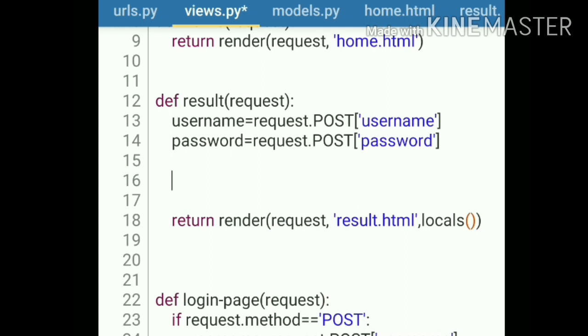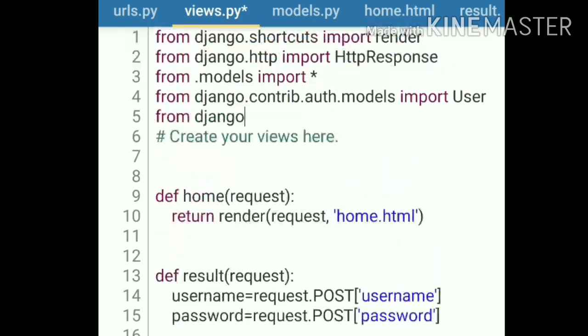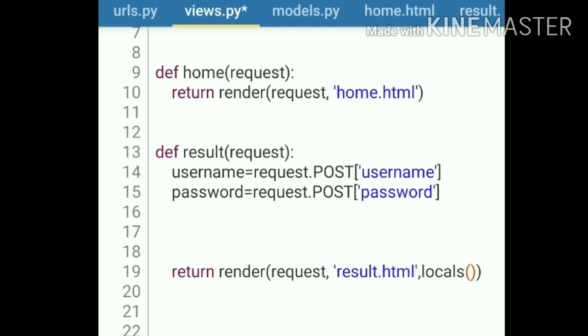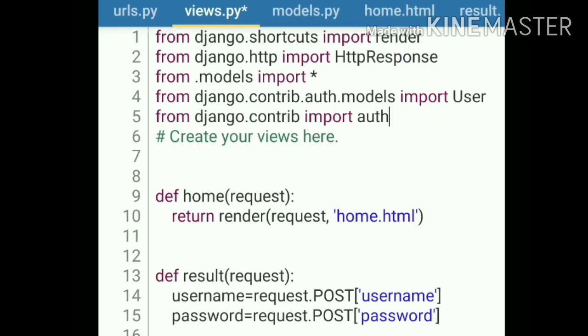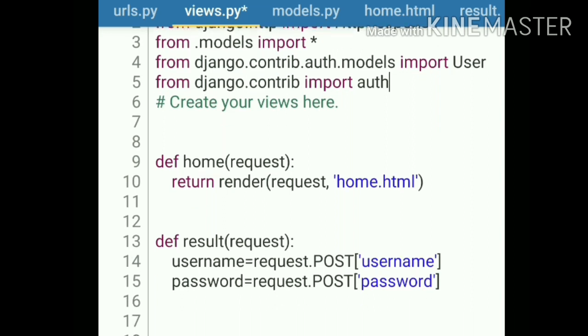To check the username and password, we have to import one more module here, so let's import it. From django.contrib import auth, the name of the module is auth. And now I'm going to use one function from auth. To check the username and password, we are going to use the auth.authenticate function.